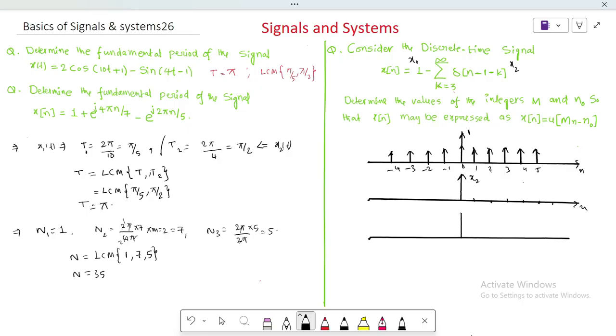So the signal goes up to infinity, is it? 4 5 6. Minus 1, minus 2, minus 3 and minus 4, there is no signal, is it? Now this is x of n.